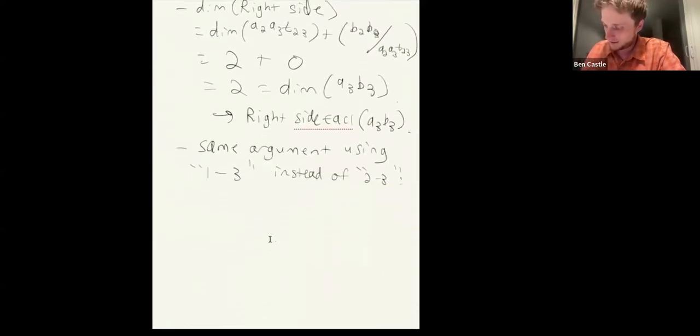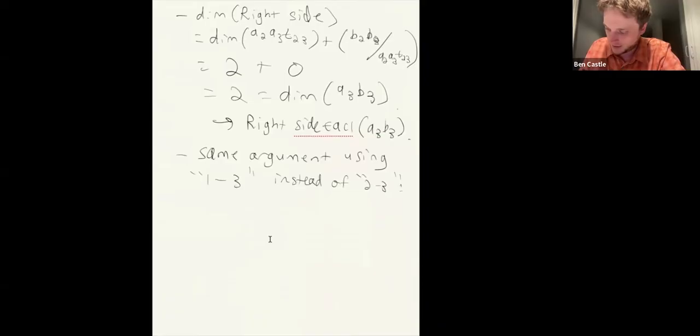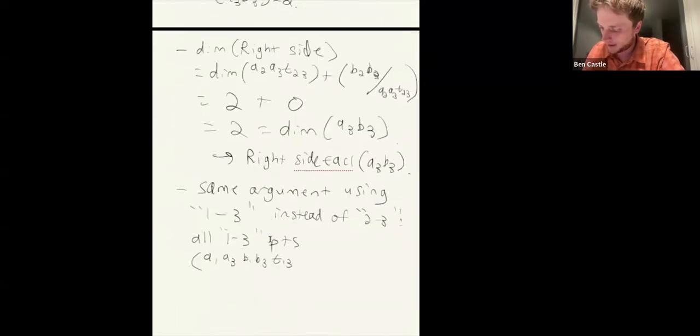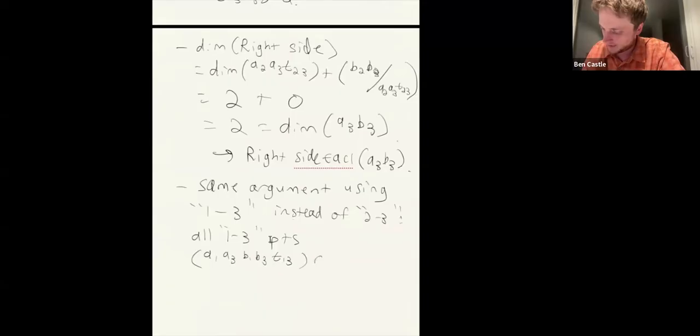So we get that all 1, 3 points, A1, A3, B1, B3, T1,3, all of that is also algebraic over just A3, B3.